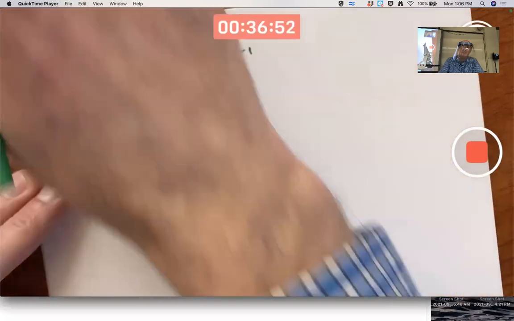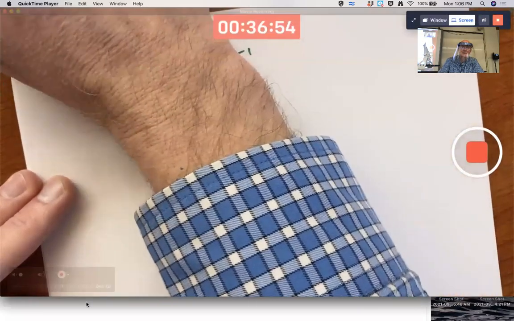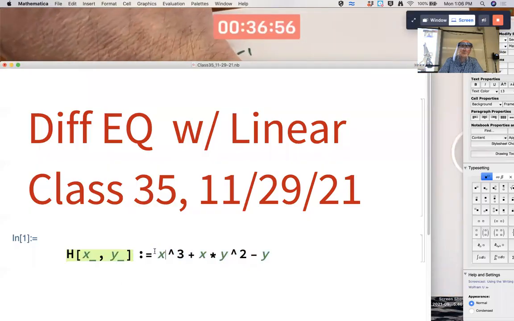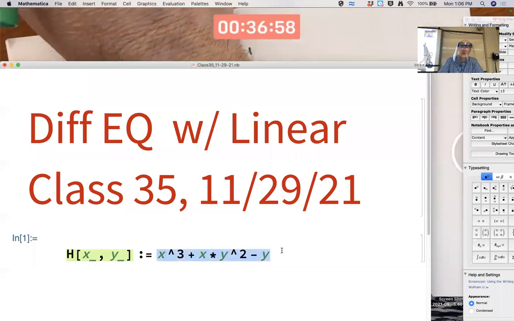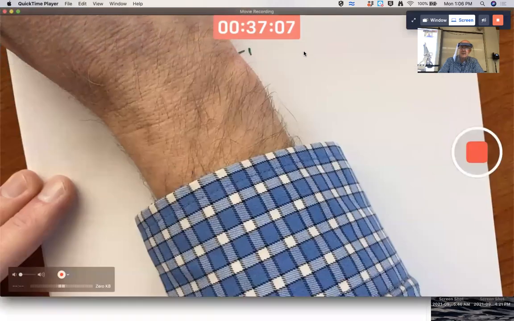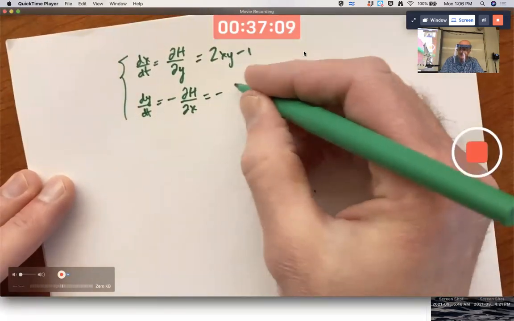And the opposite of the partial derivative with respect to x. Well, what's the partial derivative with respect to x? It's 3x squared plus y squared, right? Differentiate that with respect to x, treat the y as constant. 3x squared plus y squared, and I need to negate that.